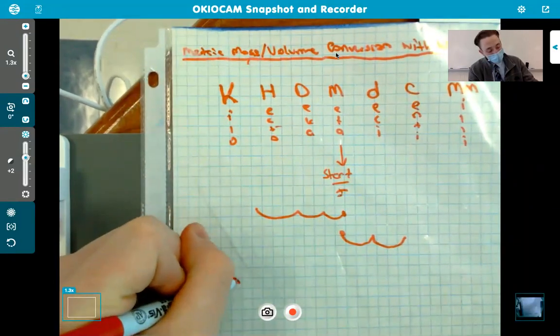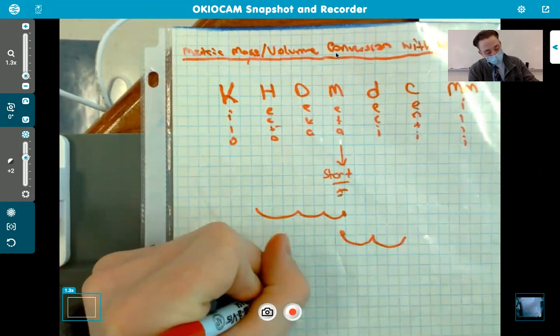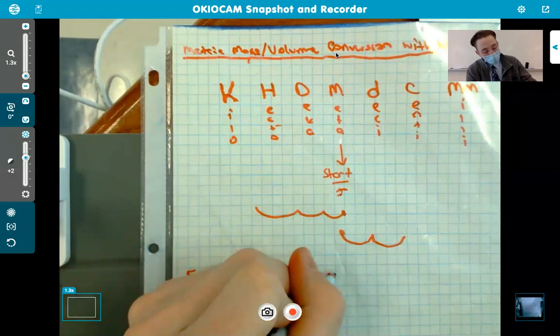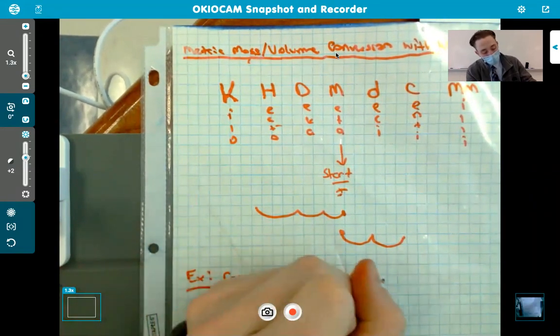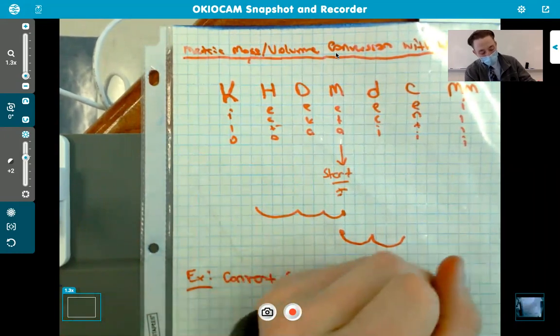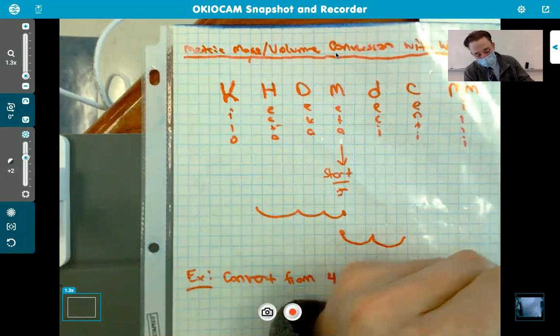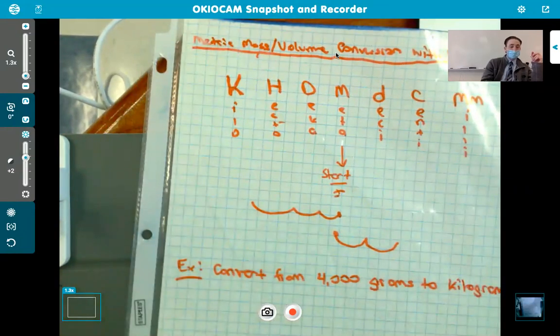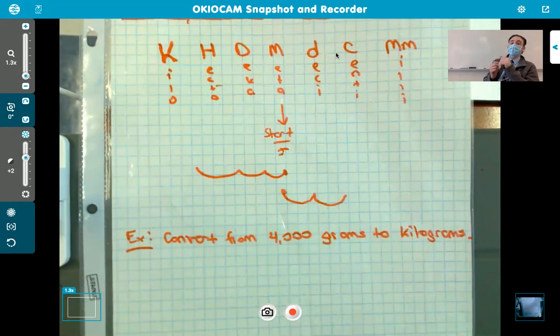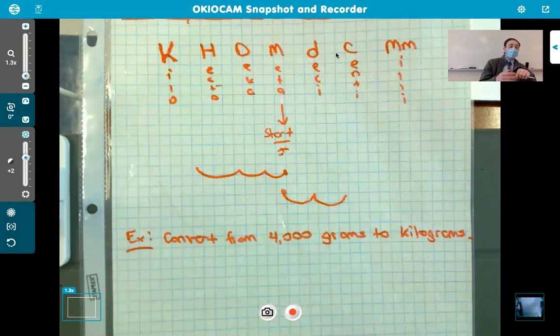So first one, we want to convert from 4,000 grams to kilograms. Okay. We want to be able to take 4,000 grams and figure out how many grams, doesn't matter what we're measuring necessarily, but what is 4,000 grams in kilograms?